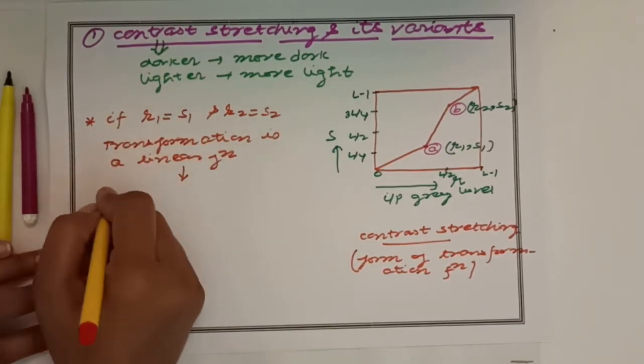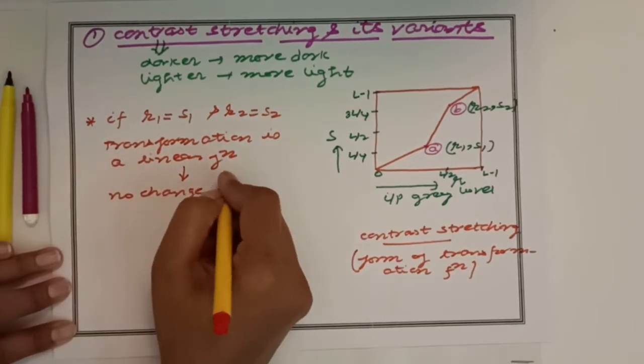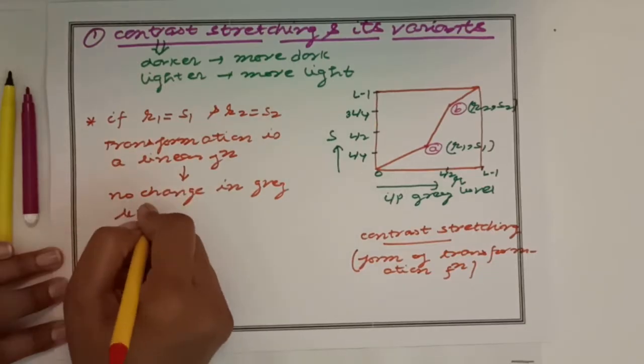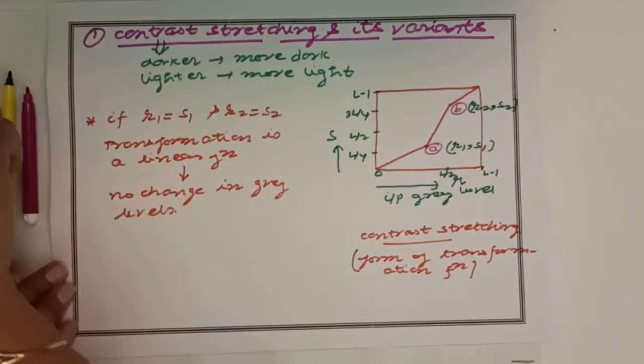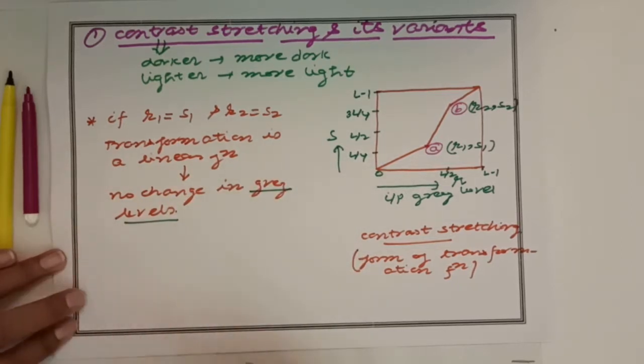Linear function means it produces no change in gray levels.